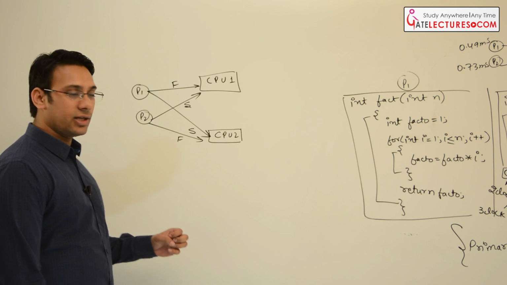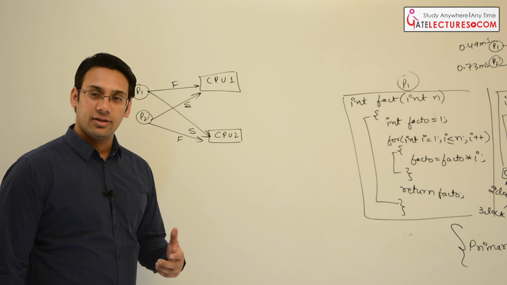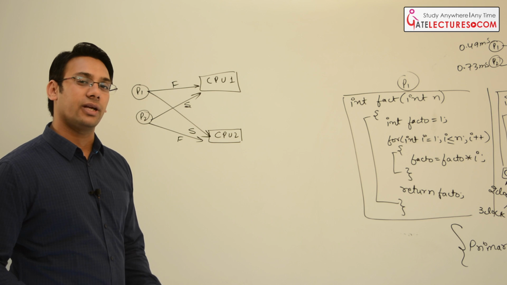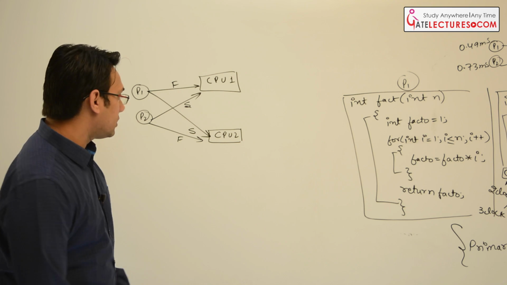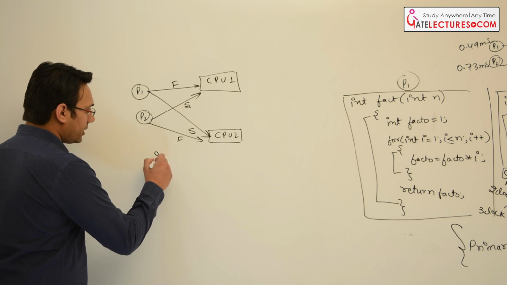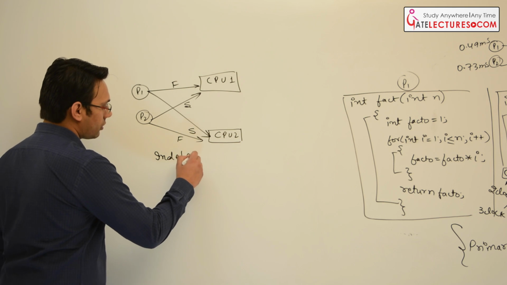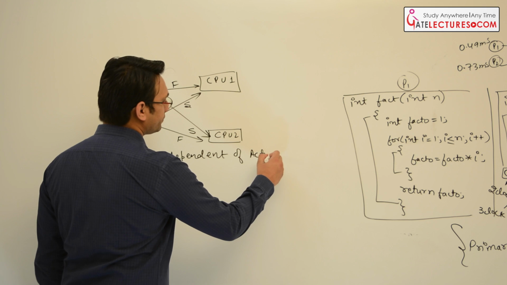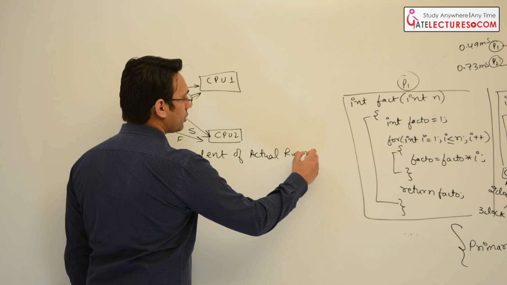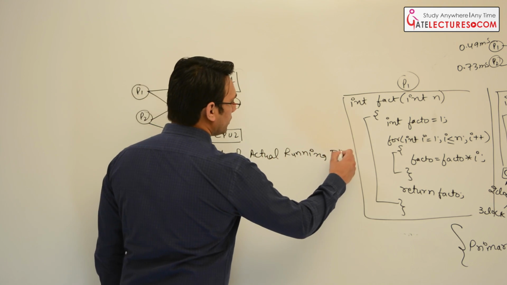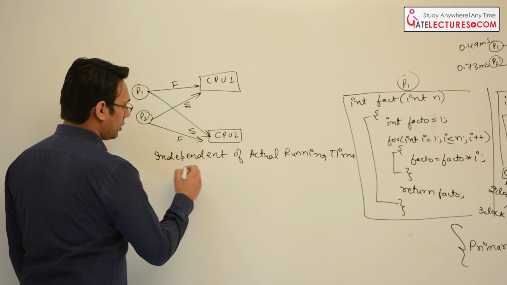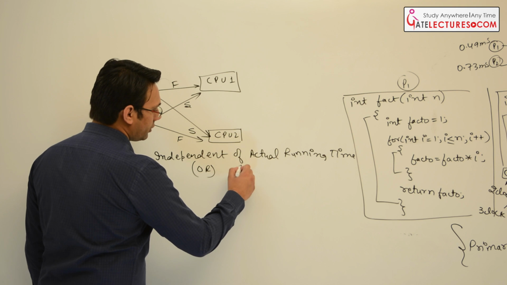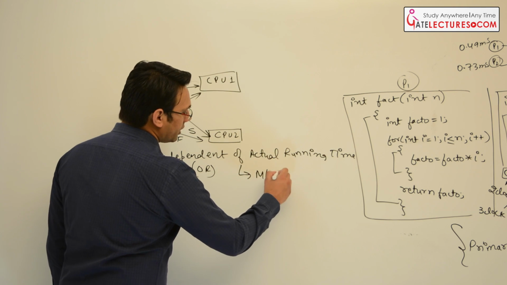Now you need a metric to tell the person that this program is going to take less time on the basis of some criteria, and this criteria should be independent of actual running time, that means, independent of machine architecture.